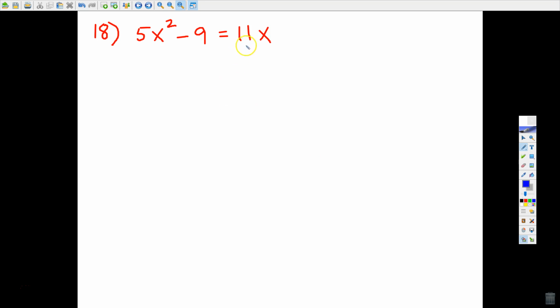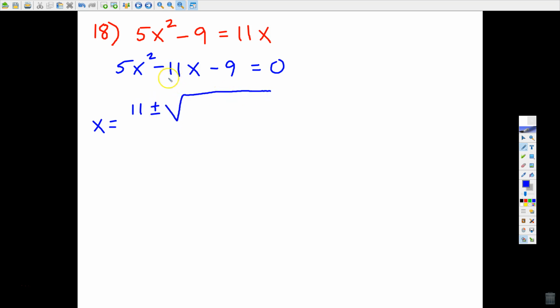Number 18 also needs to be rearranged because it's not in standard form. So we need to subtract 11x from both sides, make it equal to 0. Okay, now we're ready to jump into the quadratic formula. So the opposite of b would be 11 plus minus the square root of b squared.